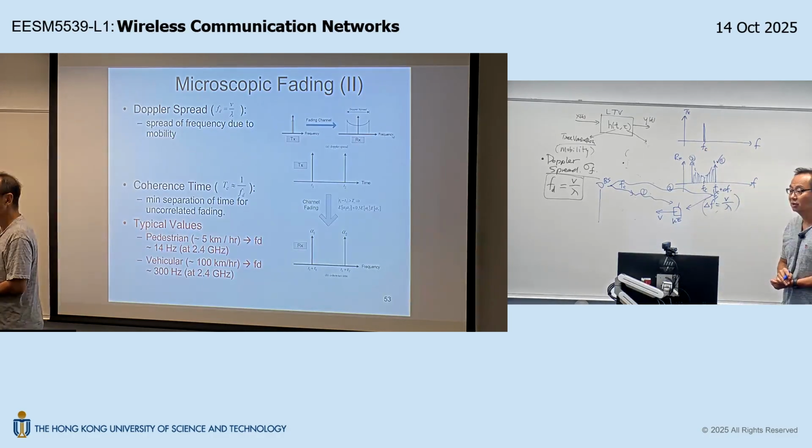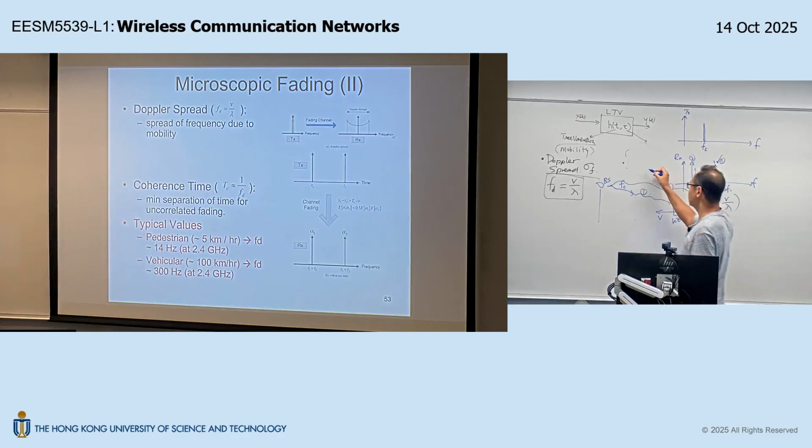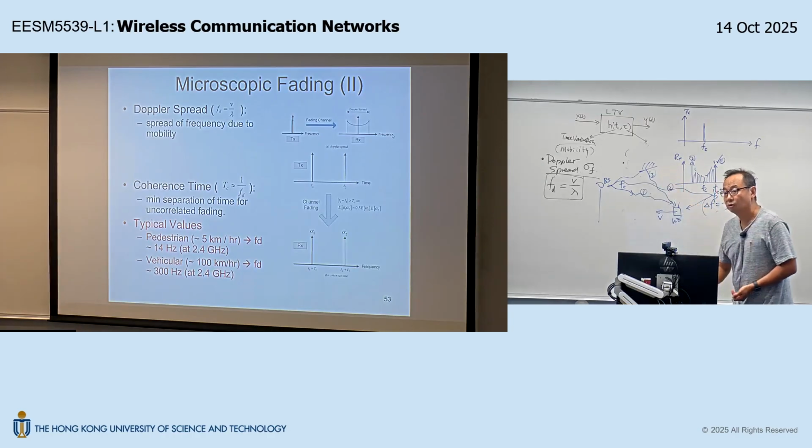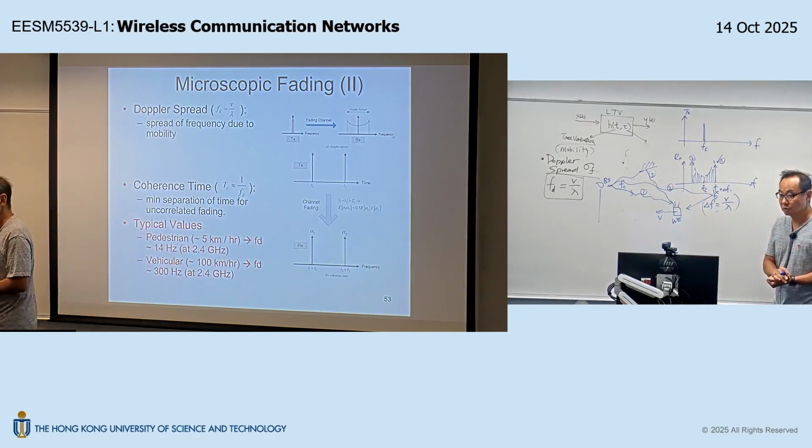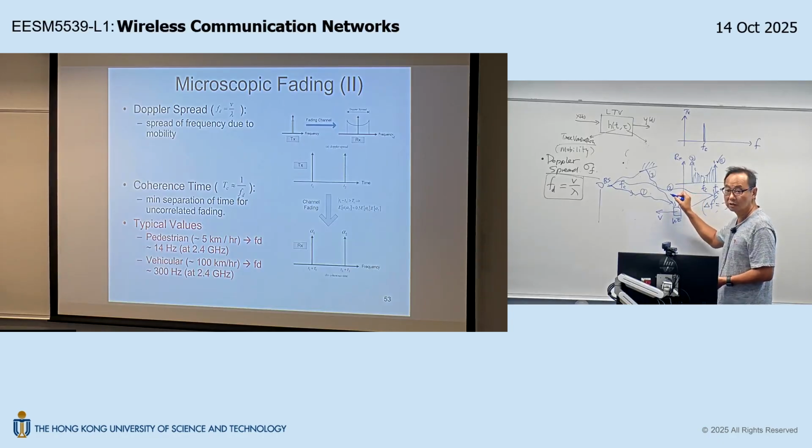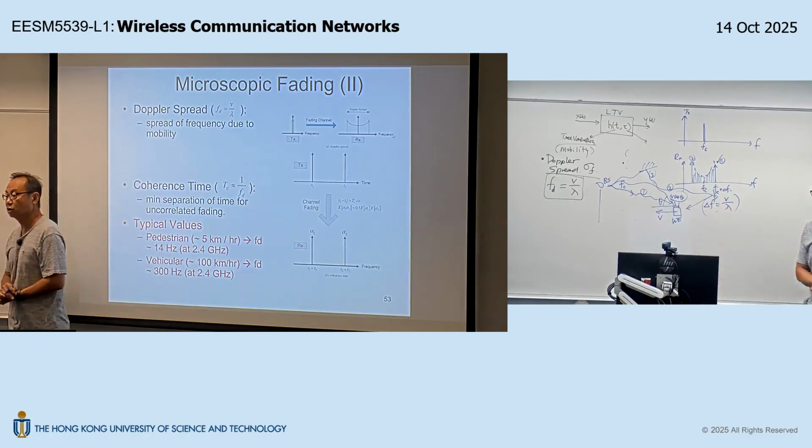Is that okay? And then there will be some other intermediate scatterers. For example, the third path may be like this. And if you recall from your high school physics, it's not the speed, it's the transverse speed that will contribute to the Doppler spread. So if the third path arrives at the mobile at an angle, it's the V cosine theta component that will contribute to the Doppler effect.